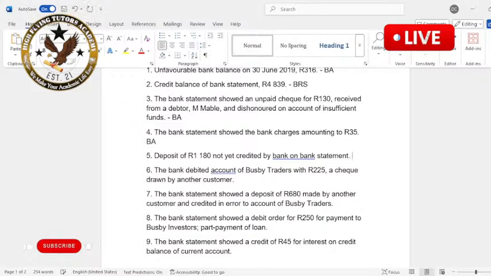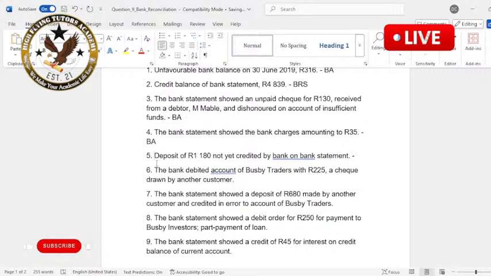The next transaction, let me fix this one. The next transaction is transaction number 5.